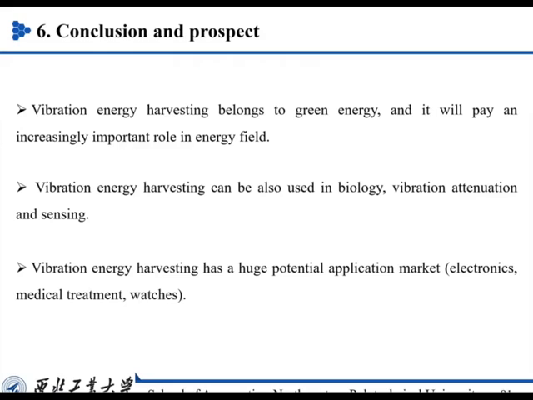It can also be used in biology, vibration control and sensing. It has a huge potential application market, such as low-powered electronics, medical treatment, and watches.